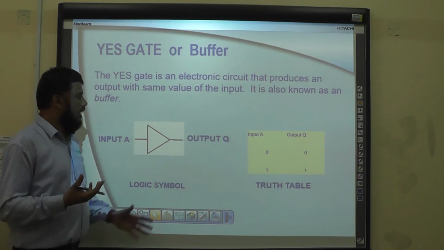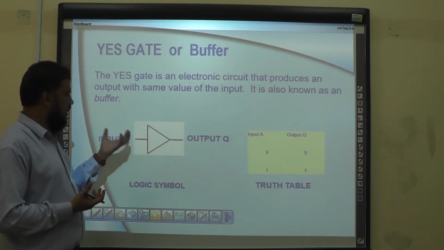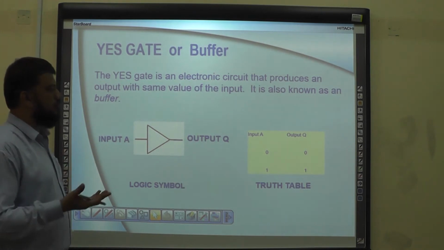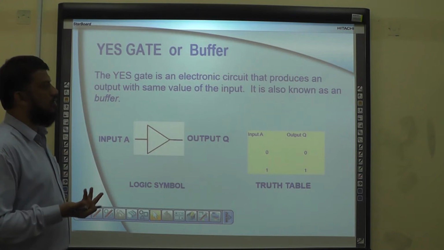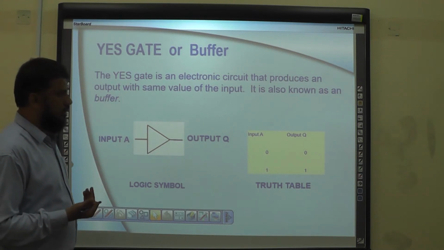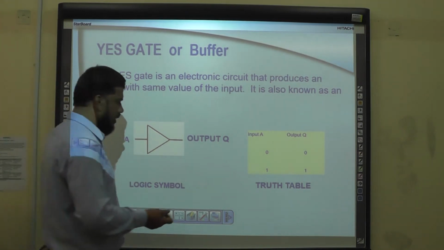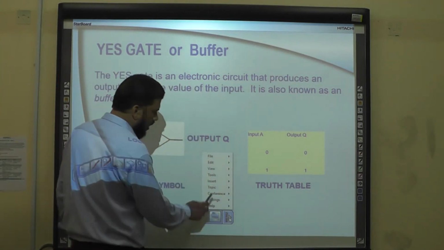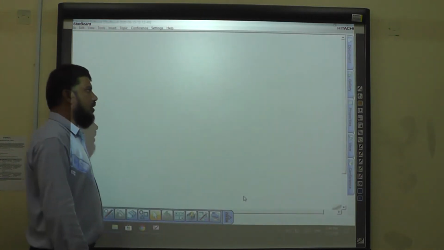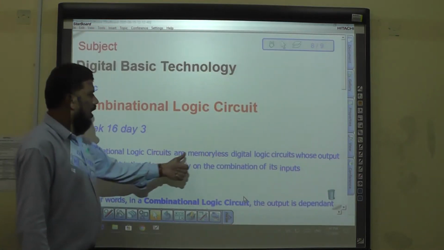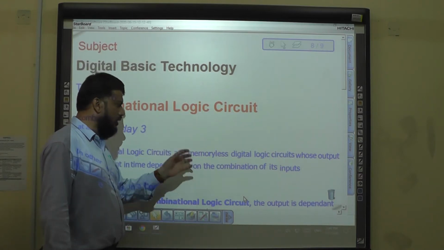Combinational means one or two logic gates can be combined to produce one output. In that case, we have to use different logic gates and produce the output. So combinational logic circuits are memoryless logic circuits.